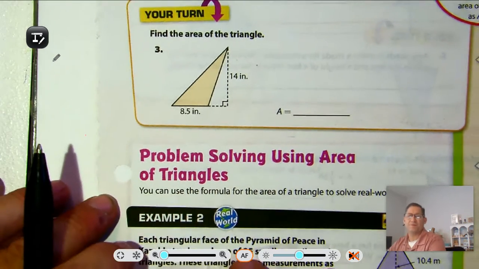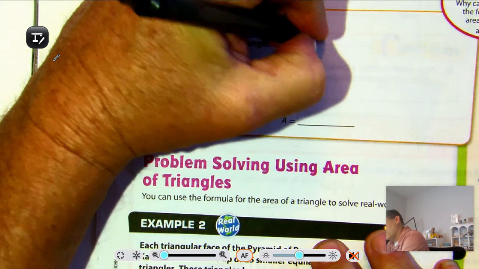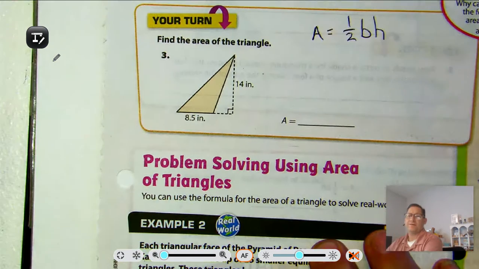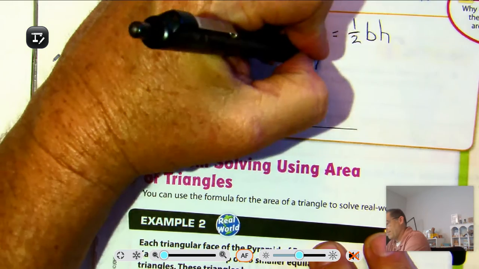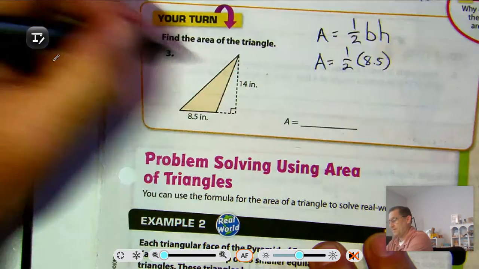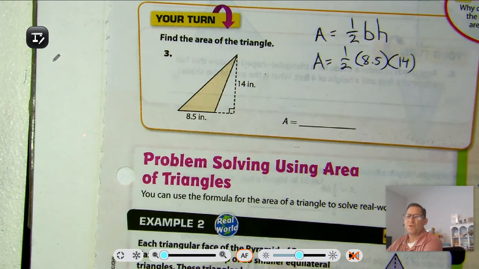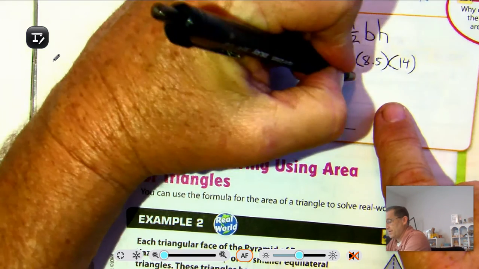And number 3. All right, so we have to find the area of this triangle. Okay, let's start with the formula. And do we know any of the dimensions? Yeah. They gave us a base of 8.5, and they gave us a height of 14. Well, now I don't really want to take half of 8.5, so I'm going to go ahead and use the commutative property.